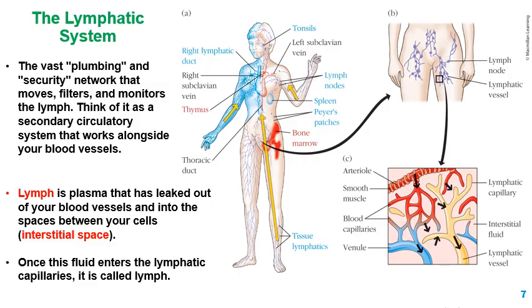So here looking at the entire lymphatic system, right? So what is the lymphatic system really? Well, it's basically this system that is always monitoring your fluids and monitoring the tissues and really making sure that pathogens do not cause disease, right? So what makes up your lymphatic system?